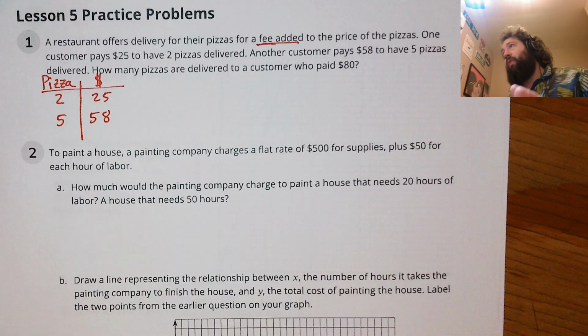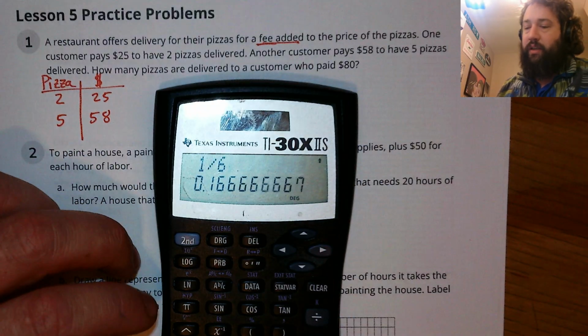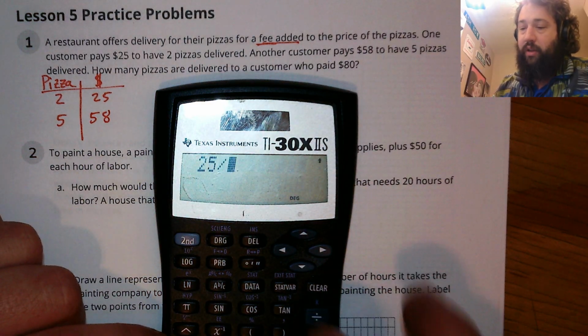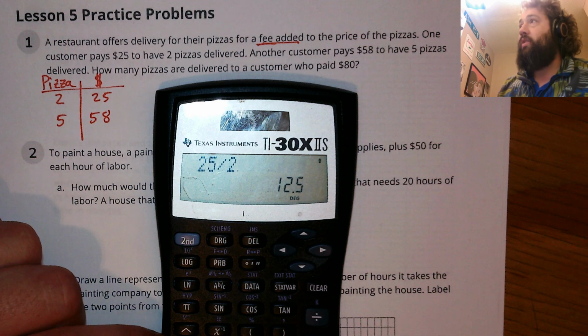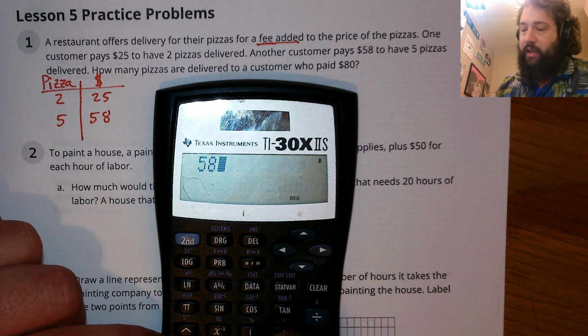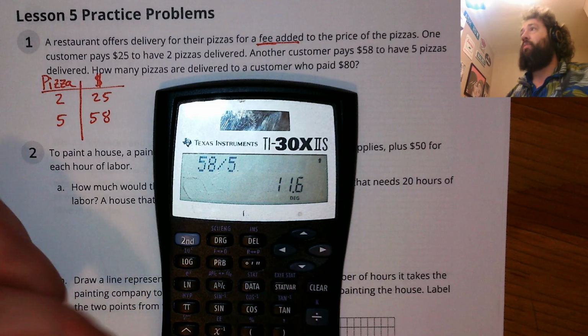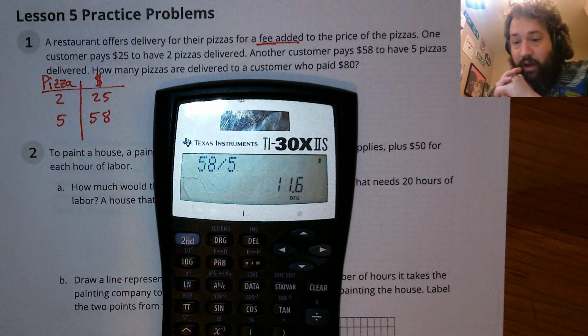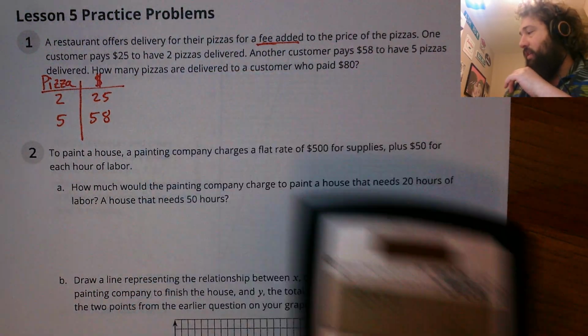Now, when I divide these two, I'm going to get a failed proportionality. 25 divided by 2 is 12.5, whereas 58 divided by 5 is 11.6. And so I'm a little bit out of luck with what we've been doing previously.